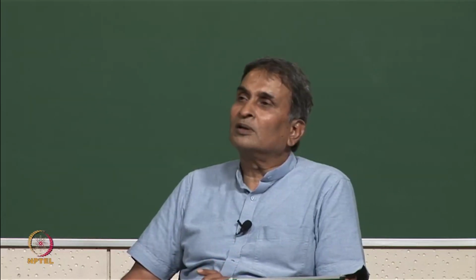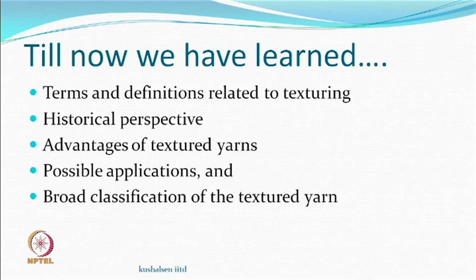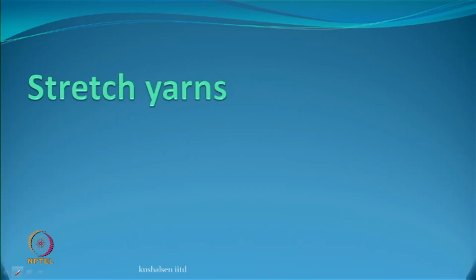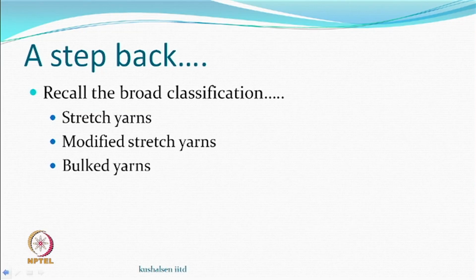Also, we learnt about the advantages and possible applications of those kind of textured yarns, and we had done a broad classification of the textured yarns. So, let me just go back a bit, and we remember that the broad classification said that there is stretch yarn and a modified stretch yarn and a bulk yarn.